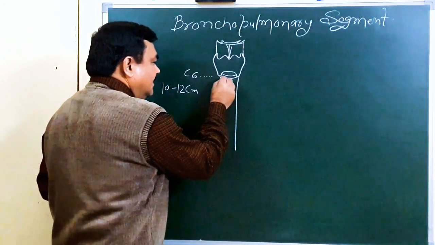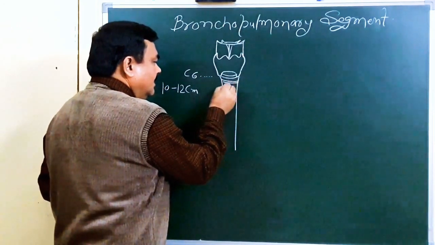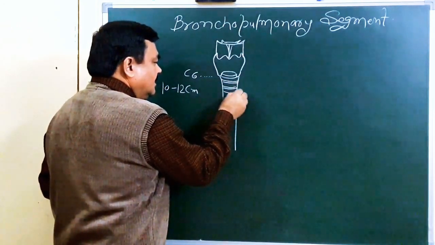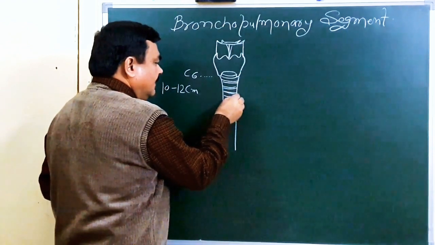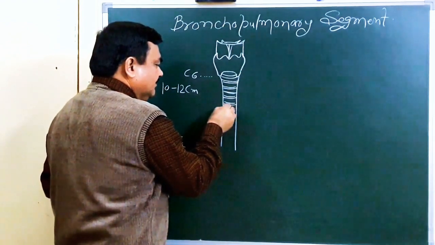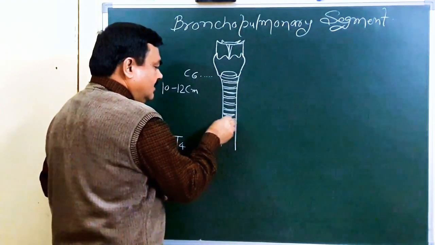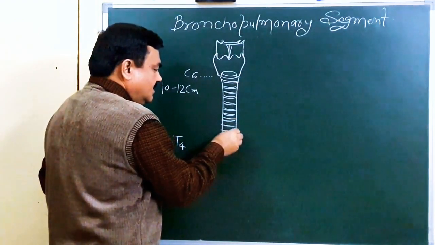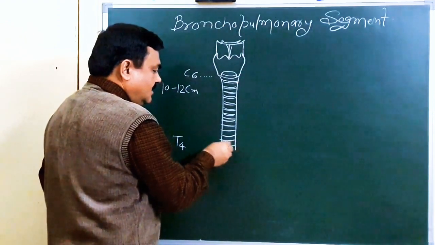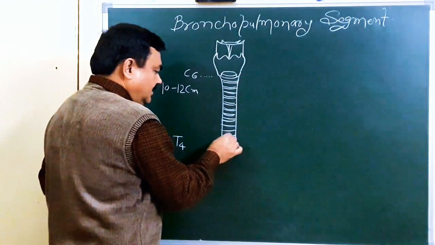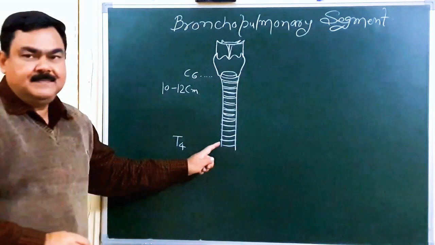It has about 16 to 20 C-shaped cartilaginous rings.